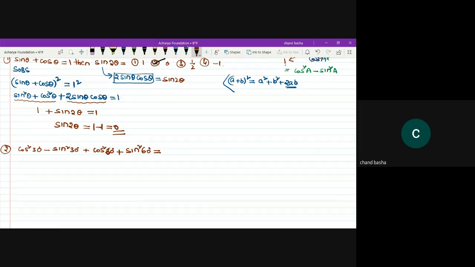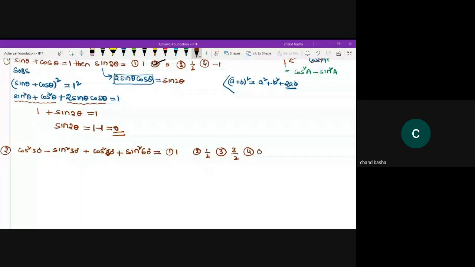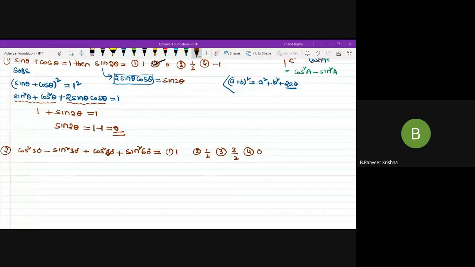The options are: first option, 1; second option, 1 by 2; third option, 3 divided by 2; fourth option, 0. You can make use of the identities, or if you want, you can substitute the values from the table. That is your choice.